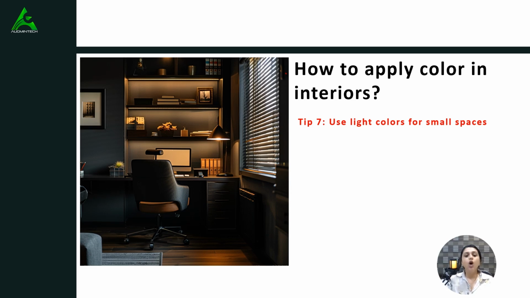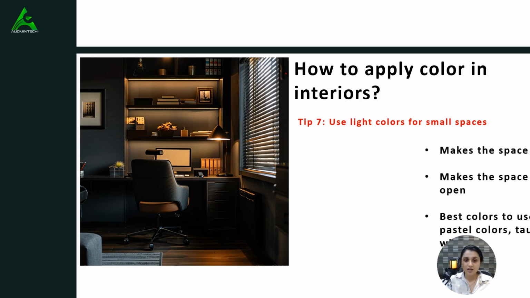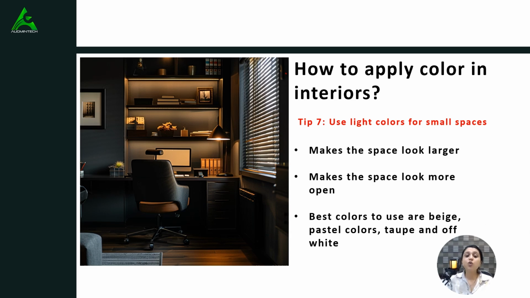Here we have used a lot of dark tones. This might be the client's requirement or something you as a designer thought would look cool. But this is going to make the space look so much smaller, like it is shrinking. That's typically what dark colors do.